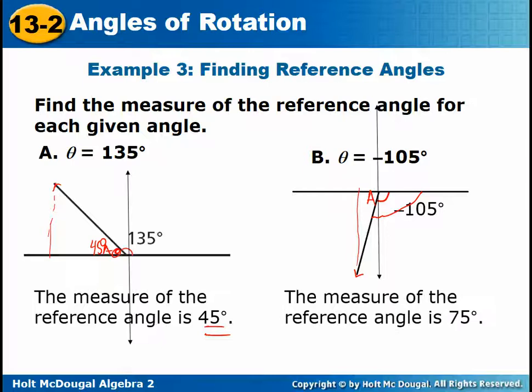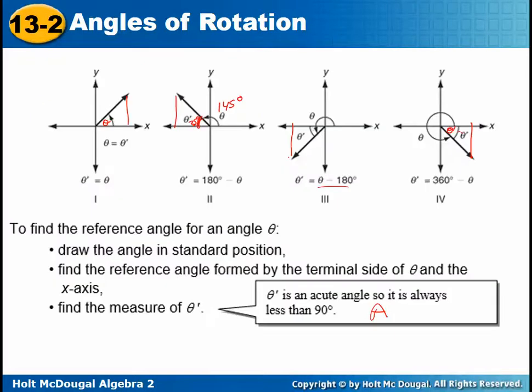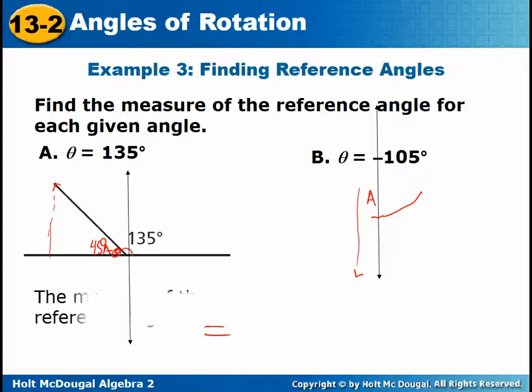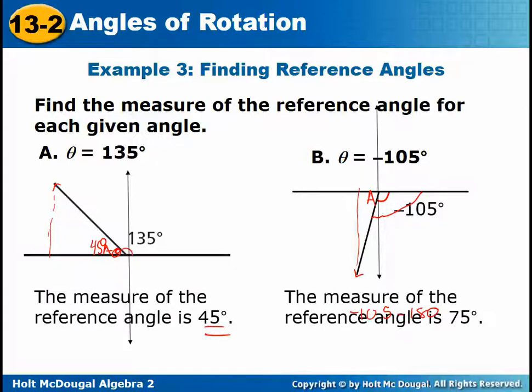So to find that, I'm going to look at the little formula they had for that one right here. When it's in the third quadrant, you take the angle you were given minus 180. So the angle you were given minus 180. But you have to do the positive, I guess. But the reference angle would be 75.